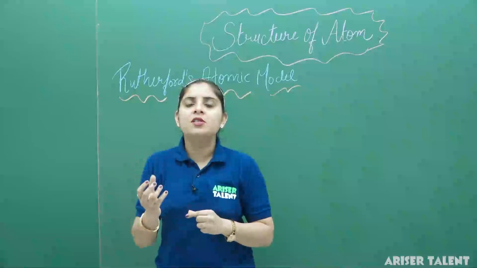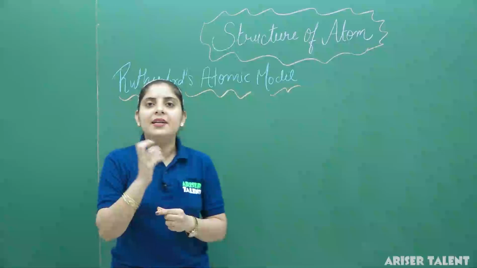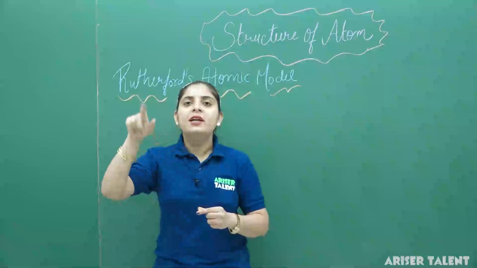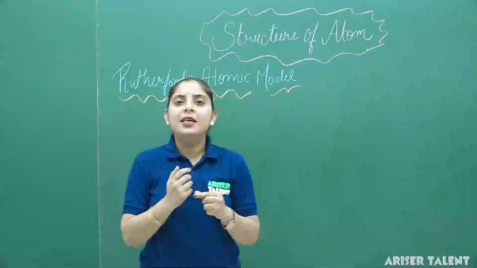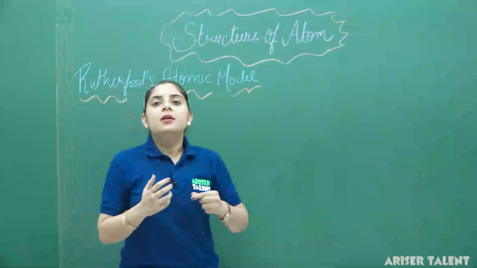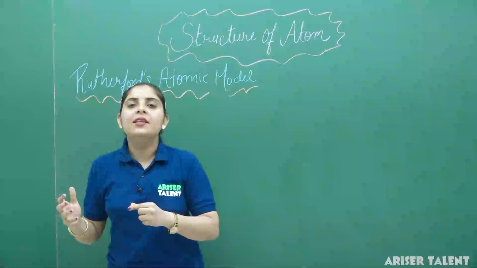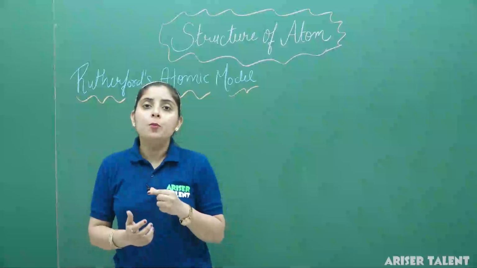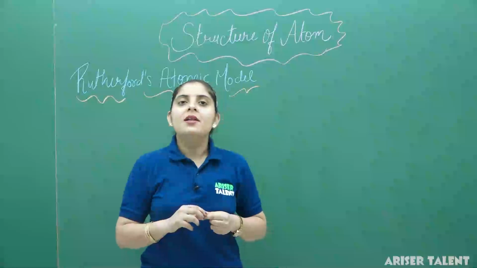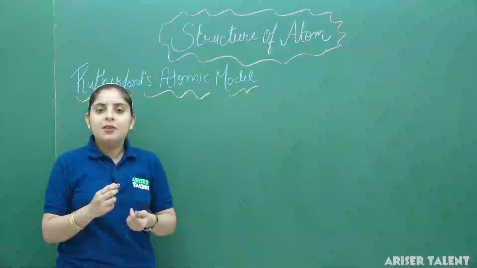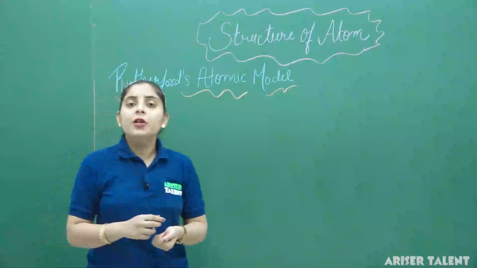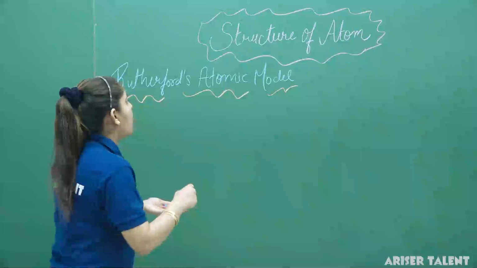The entire positive charge is located at the center, in the nucleus, and the electrons keep revolving. He gave some postulates regarding atomic theory which were not proved by Sir J.J. Thomson. Now, there are also some drawbacks in Rutherford's atomic theory, which we will discuss.